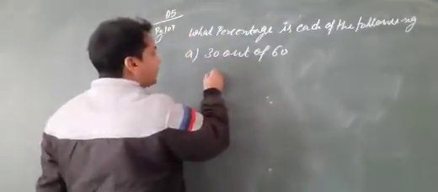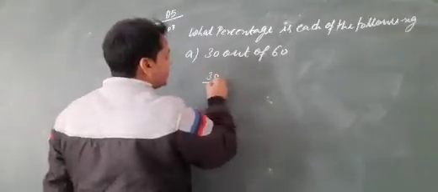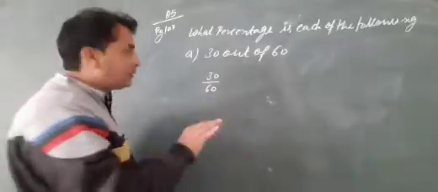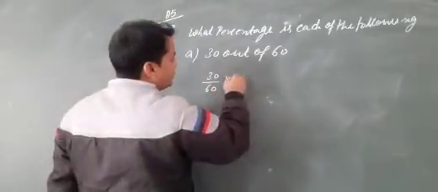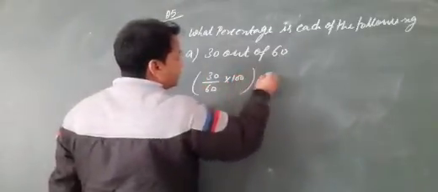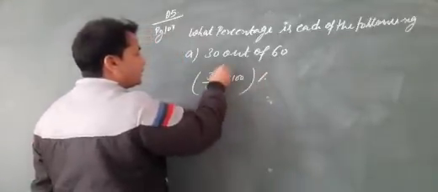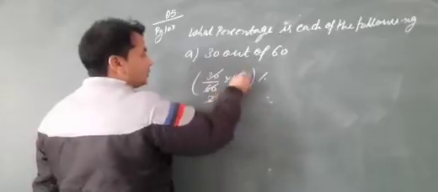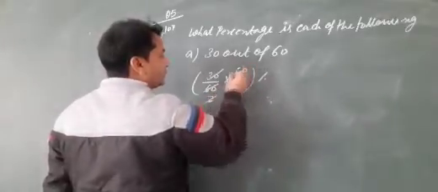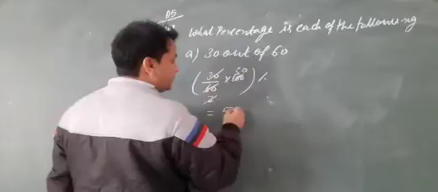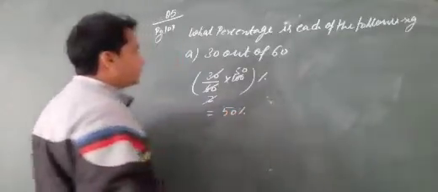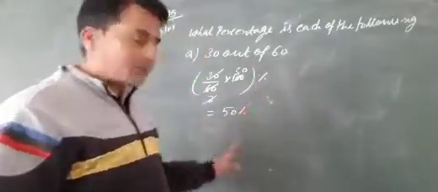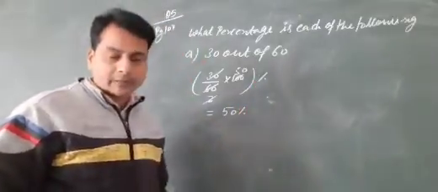Here 30 is the numerator and 60 is the denominator. Then to convert to a percentage, multiply by 100 with the sign of percentage. So 30 by 60 is 1 by 2, and 1 by 2 into 100 is 50%. So 30 out of 60 in the form of percentage is 50%.